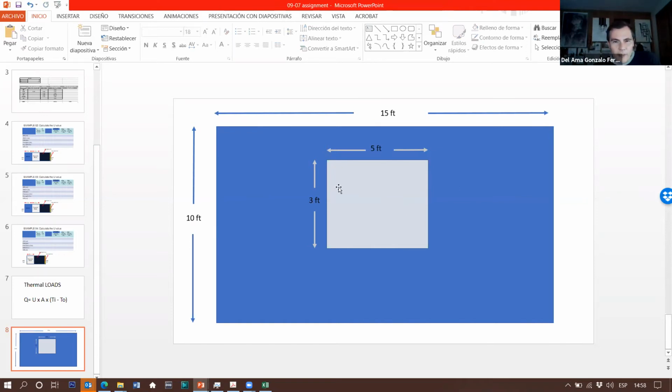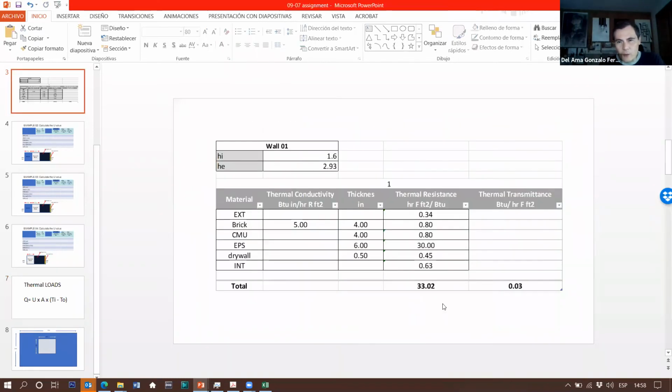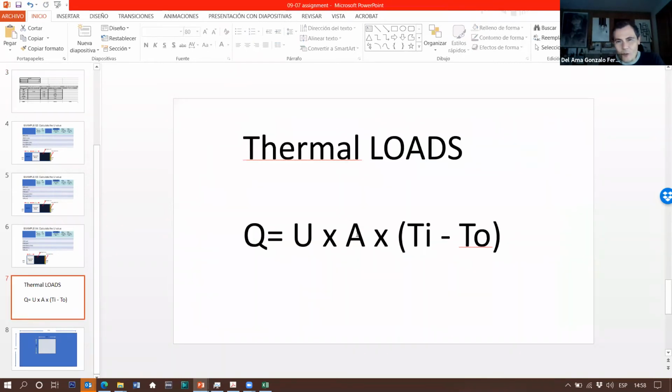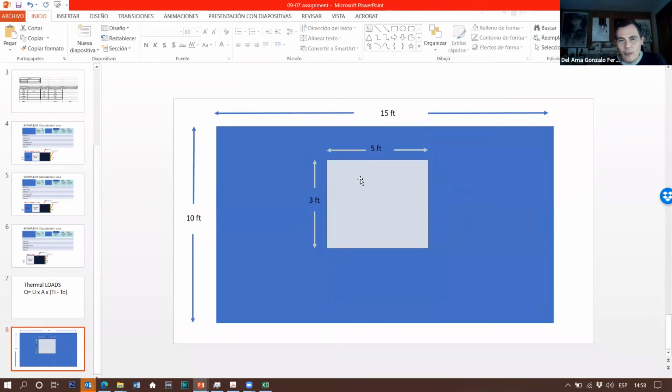So this is a very simple elevation. We have a wall and we have a window. So now we have to calculate the thermal loads. First, we need the thermal transmittance. We have already calculated the thermal transmittance of the wall. We need the area. What is the area of that wall? Here we have two different materials. First, we have the area of the window.